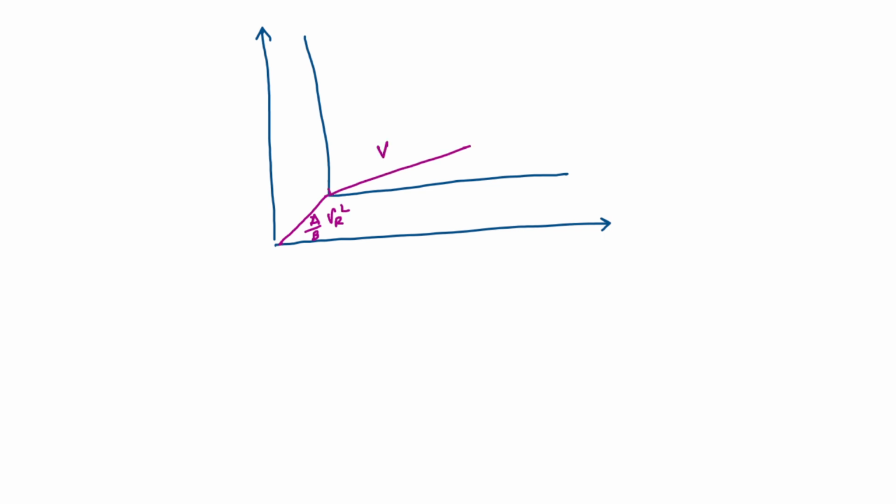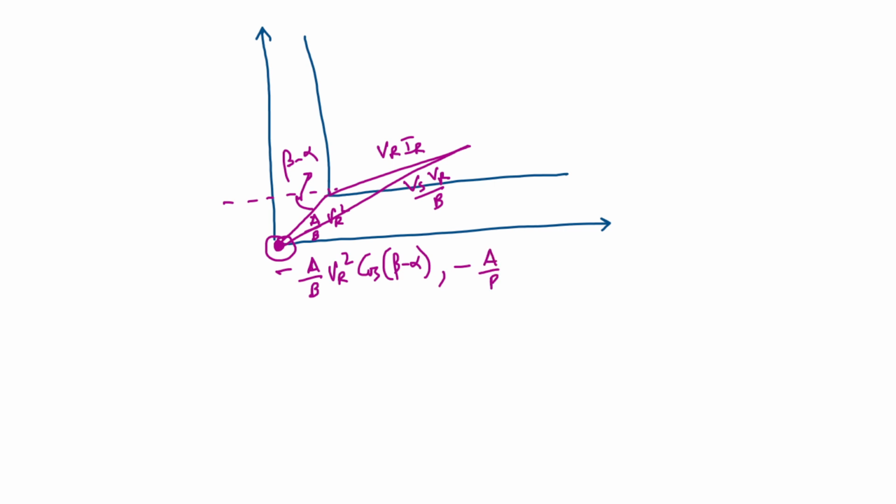This should be my load line VR IR, and this should be my radius VS VR by B. This angle should be beta minus alpha. This happens to be the center of the circle, whose x coordinate will be minus A by B VR square cos beta minus alpha, and the y coordinate will be minus A by B VR square sin beta minus alpha. So this is the center for you.